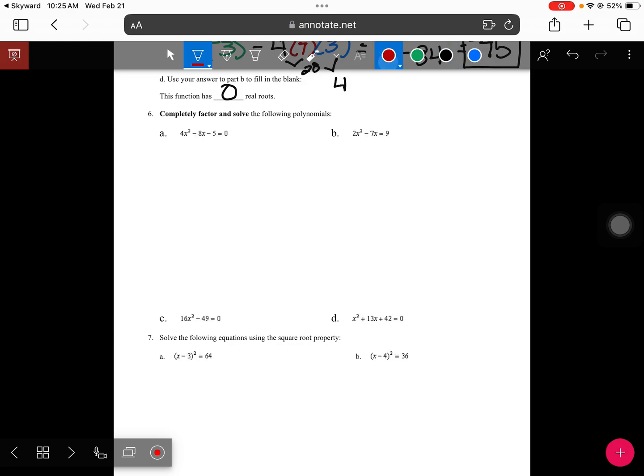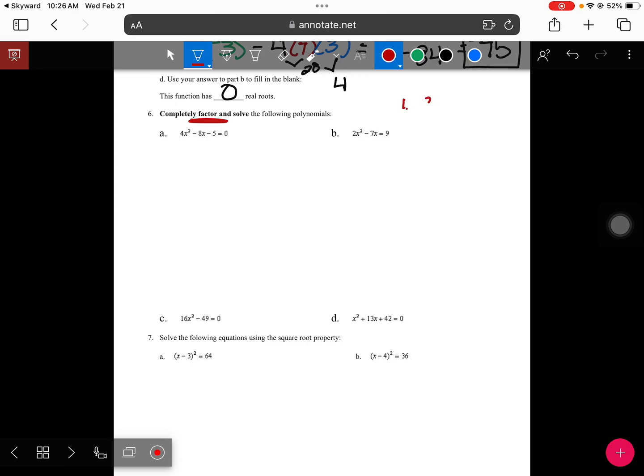Completely factor. So here they are telling you we are factoring. Okay? What do we always need to make sure we are doing first before we factor? Actually, there's a couple things. Make sure it's equal to 0. And what's the next thing we always do? Check for GCF.